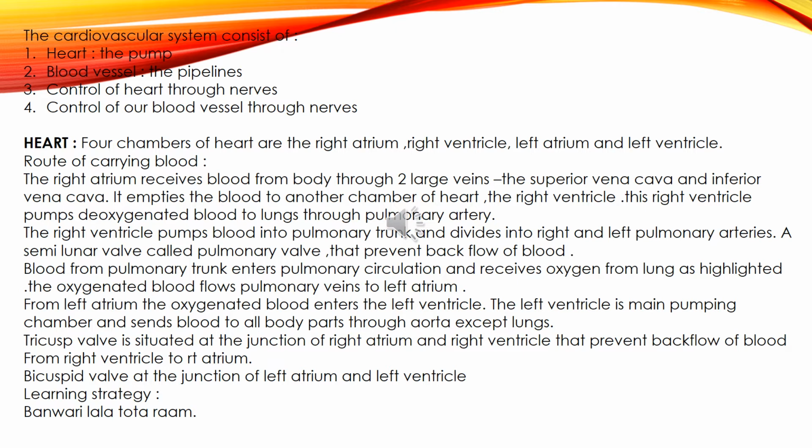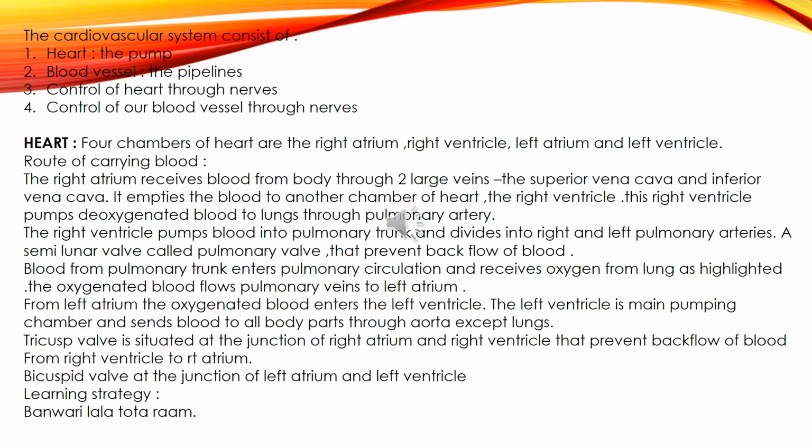First one is the heart. What is the heart? The heart has how many chambers? Four chambers: right atrium, right ventricle, left atrium, left ventricle. And how does this route work, carrying blood? The right atrium receives the blood from the body through two large veins.